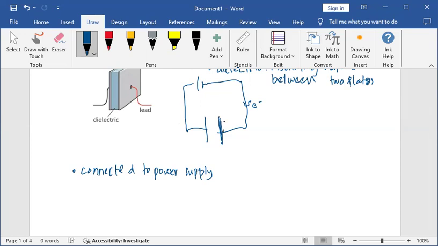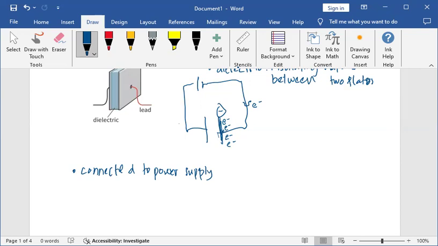So the electrons will be stored here, because these electrons are negative.